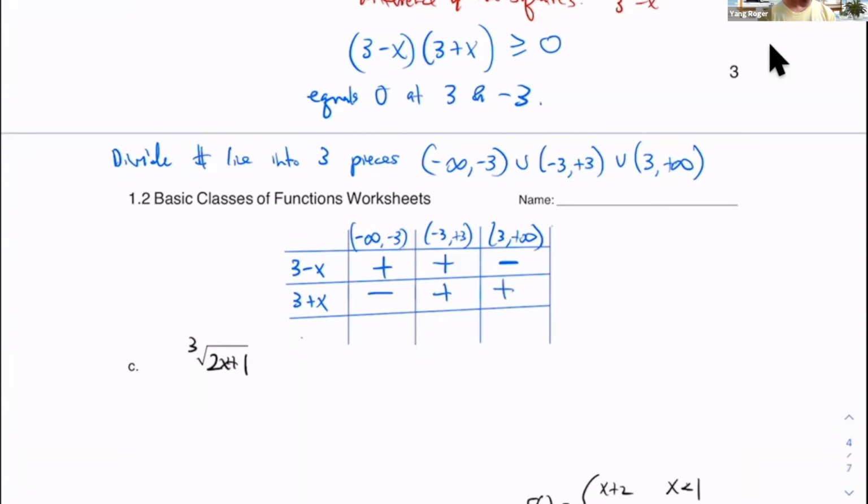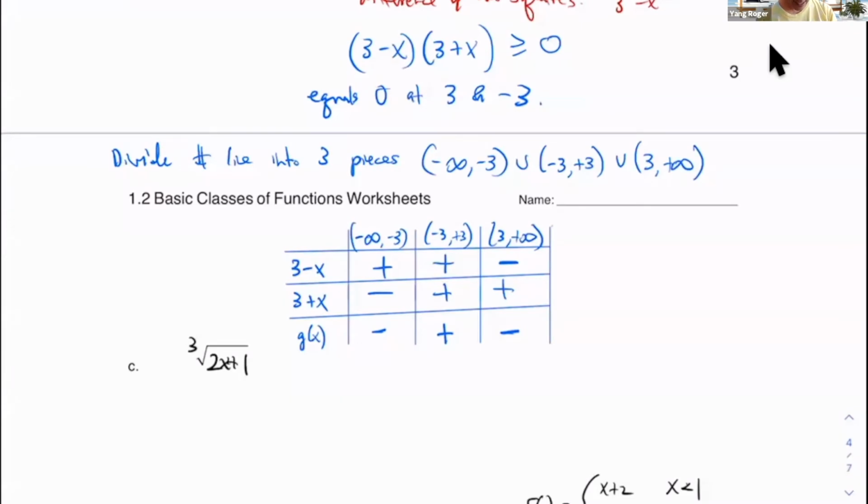And then what I can do is I can just multiply the signs together to figure out where each piece is positive and negative. So a positive times a negative is a negative. A positive times a positive is a positive. And a negative times a positive is a negative, right? So in this particular case, I want to keep the positive parts and throw away the negative parts.